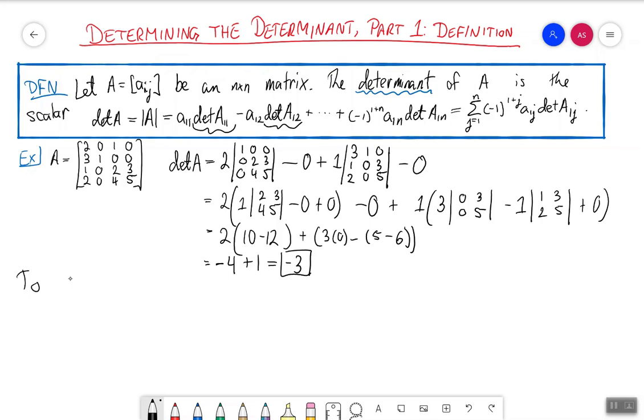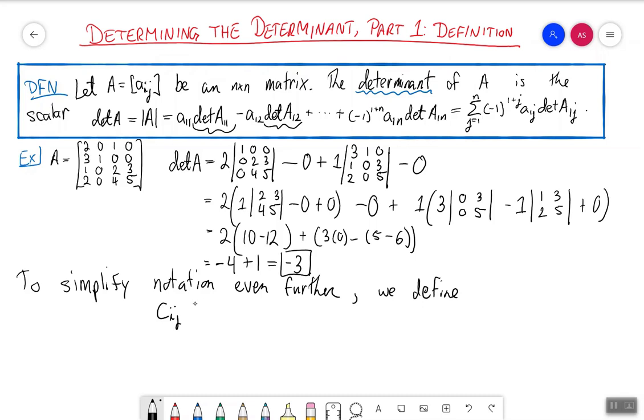To simplify notation even further, we define C sub ij to be minus 1 to the i plus j times the determinant of A sub ij.